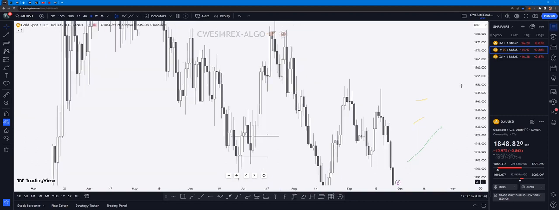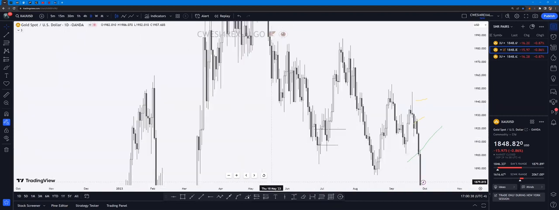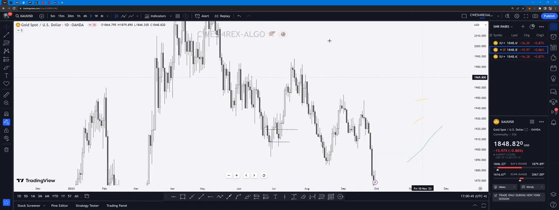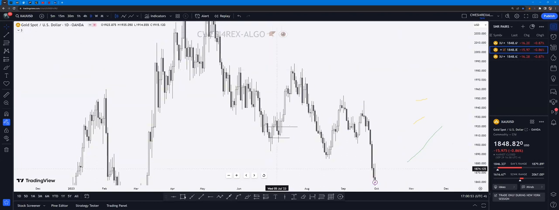Okay, but then if you look at the bigger picture of the price action, we have CMS, which is the current market structure, and then we have the major market structure, or the main market structure. The current market structure focuses solely on the current price action that you have, without looking at your historical price action.